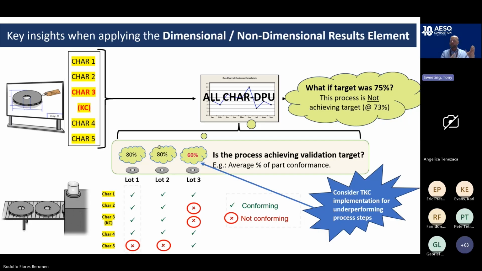At certain lots, when we measured these particular lots, we noticed we've got a good percentage, 80%, another 80%. But then we've got what could be unusual, but maybe in long-term production it's the norm: a 60%, actually lower.